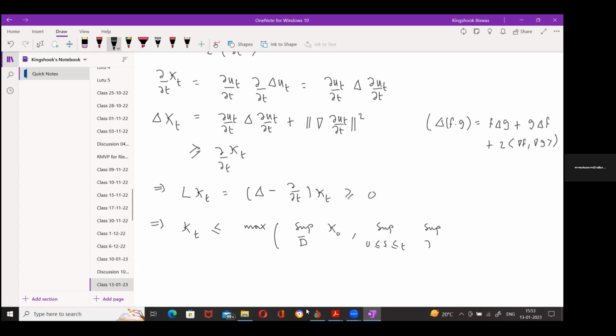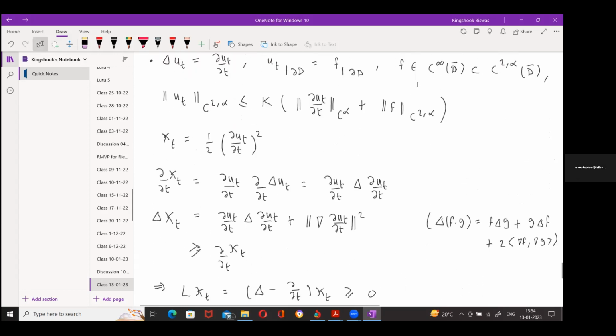Sup over boundary D of kappa S, right? But on the boundary, kappa S was what? Kappa was half (del U del T) whole squared, right? On the boundary, U is constant in time, right?